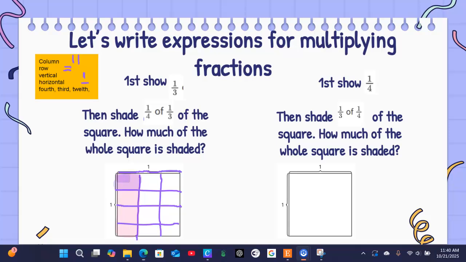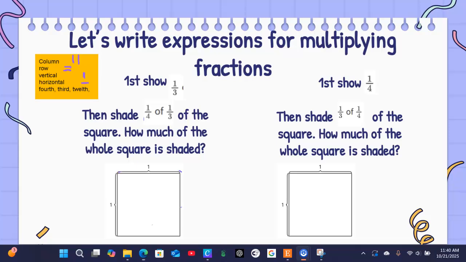That's one way that you can draw it. Another way that you could model this is by not even shading. You don't have to shade it. Let me just erase it. You can realistically just partition your sections and it would look just like this.